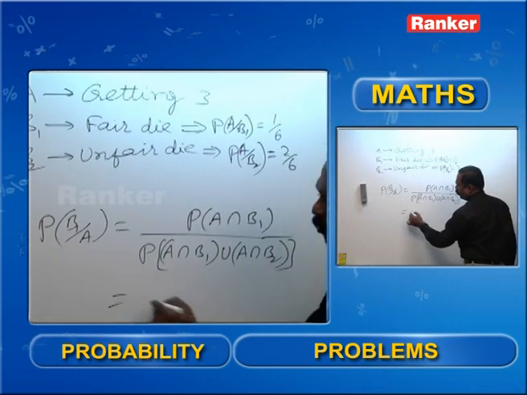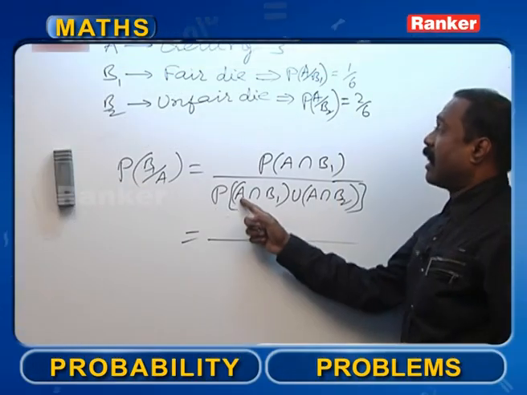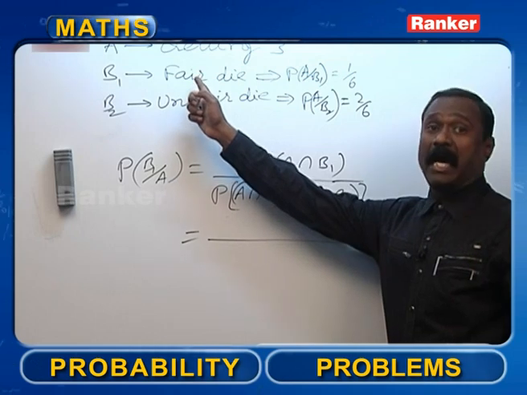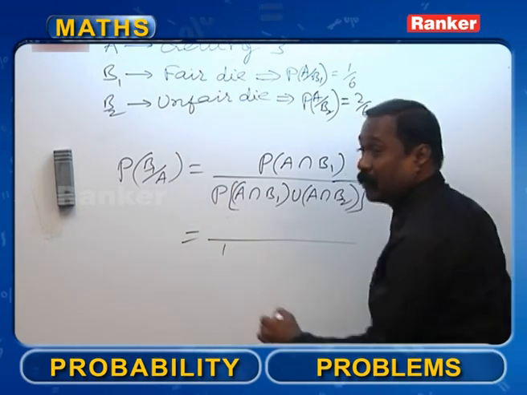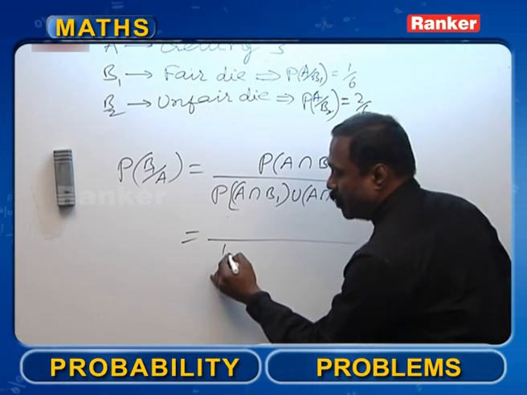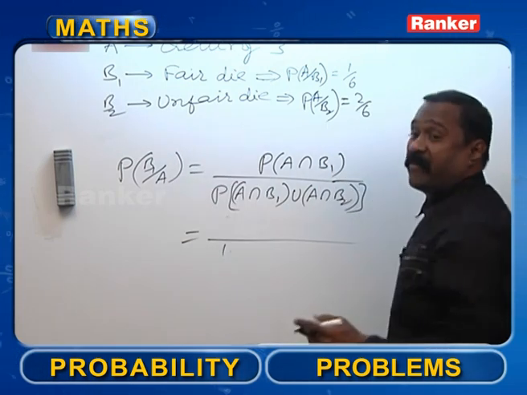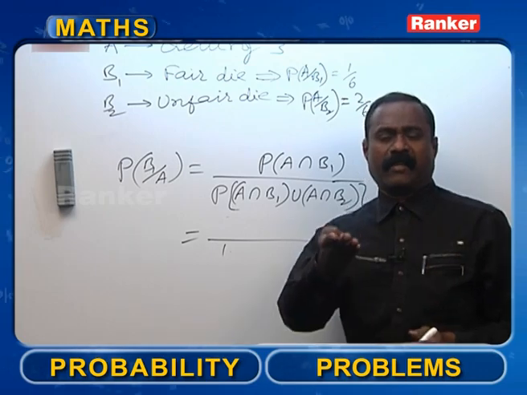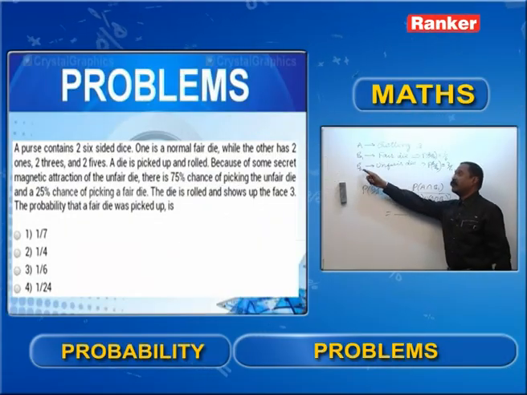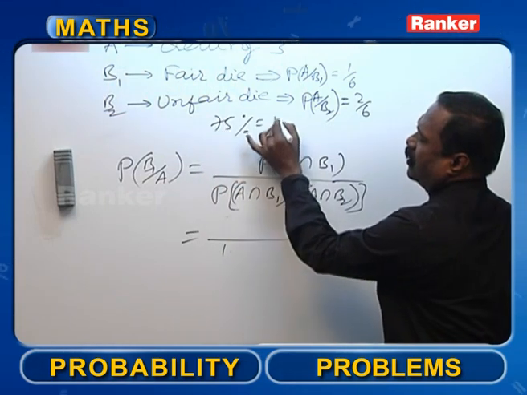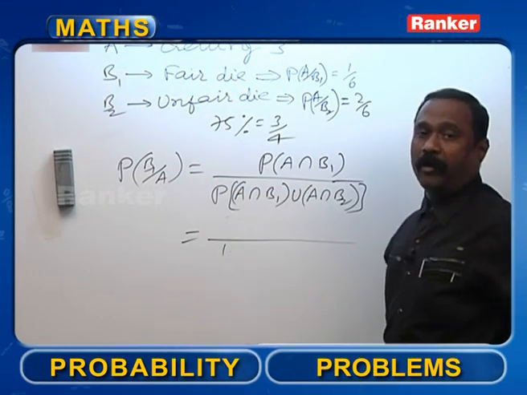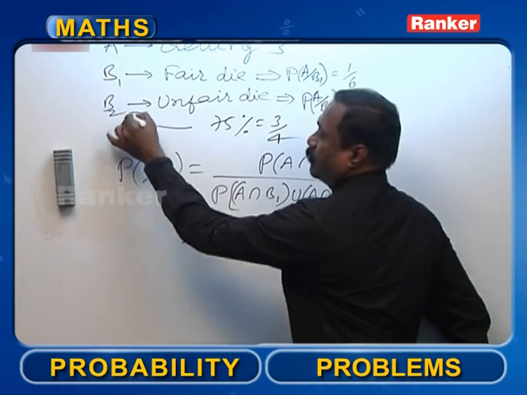Picking up the fair die B1: there are 75% chances to pick up B2, which is nothing but 3 by 4 for B2.